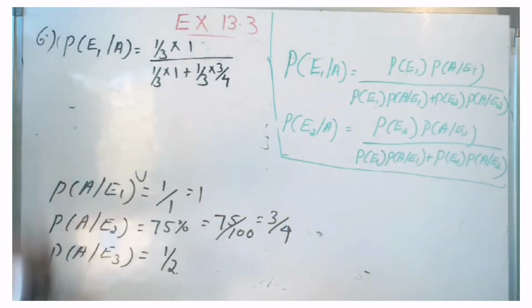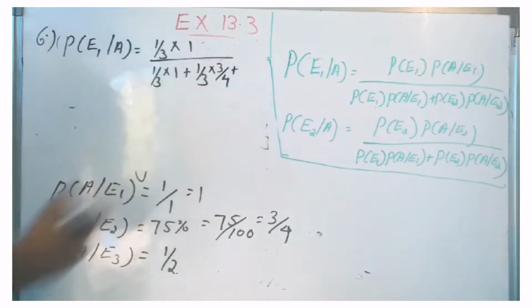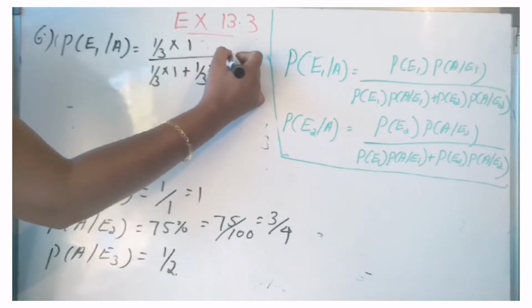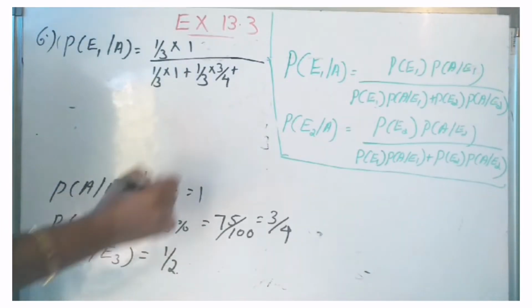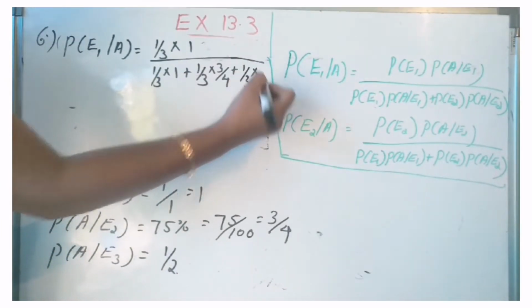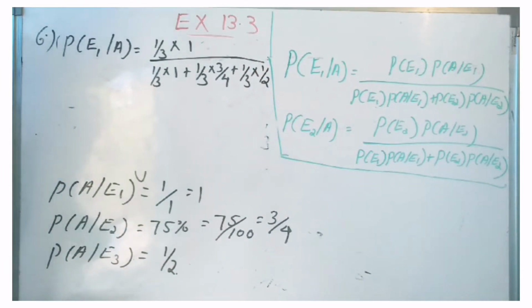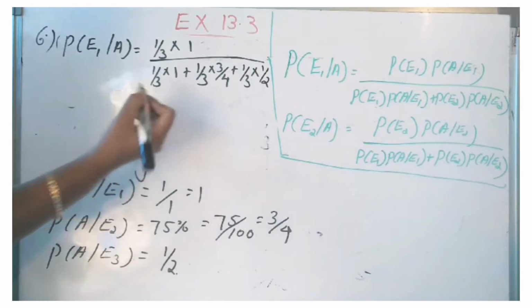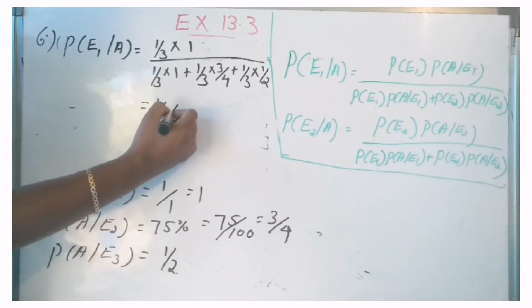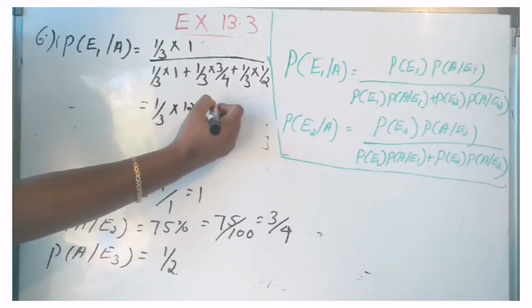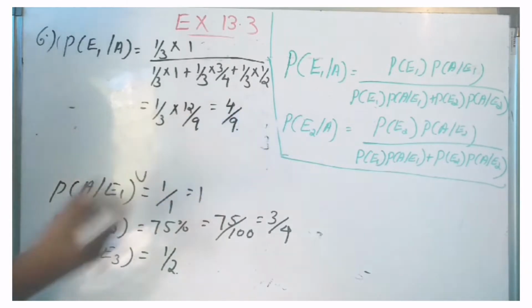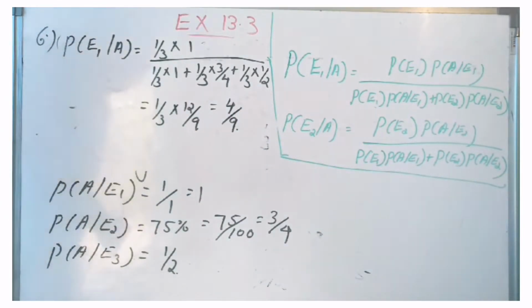Here we have three events, so in the denominator we will have one more term, that is P of E3, 1 by 3 into P of A given E3, 1 by 2. This is equal to 1 by 3 into 12 by 9, you will get 4 by 9.